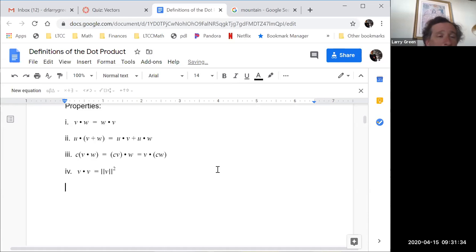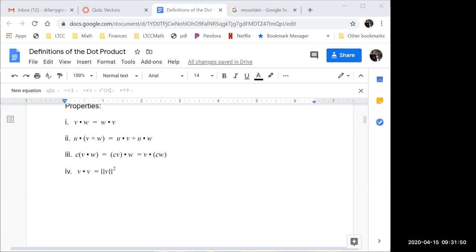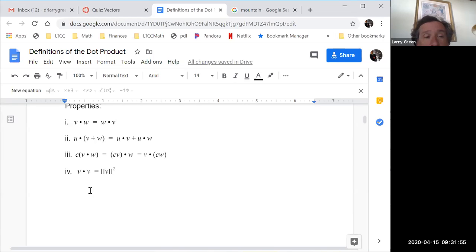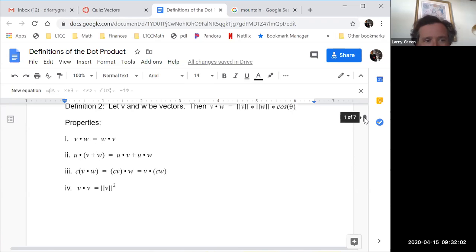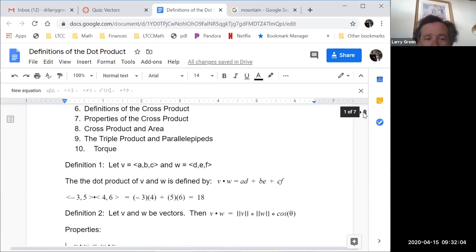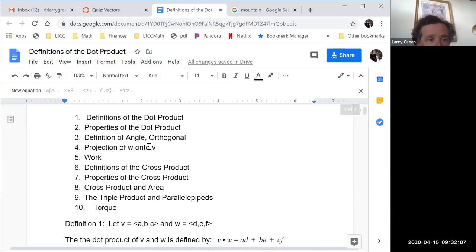Okay, we're gonna have other properties, but we're avoiding them now because there's something we're not doing this week. What are we not doing? It feels really weird in this class, that's a hint. Calculus? Yeah, we're not doing any calculus. So it turns out there are calculus properties of the dot product, which I'm not doing. For example, there's a product rule, which I'm not going to go there, but someday we'll do that. Okay, so those are the properties.